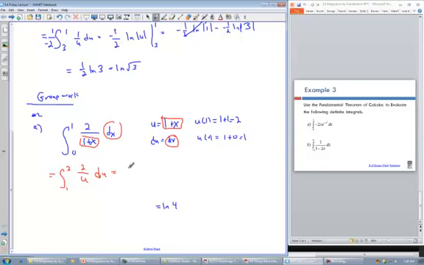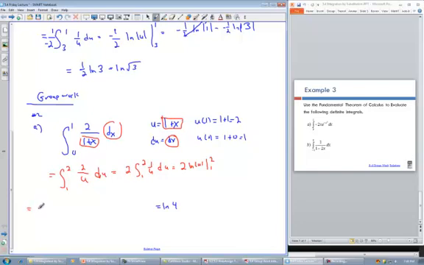If you want, you can rewrite it as 2 times the integral from 1 to 2 of 1 over u du. Then I can integrate it: the integral of 1 over u is ln of absolute value of u, from 1 to 2. Now I can plug in my limits of integration.